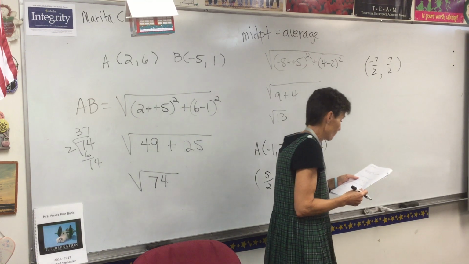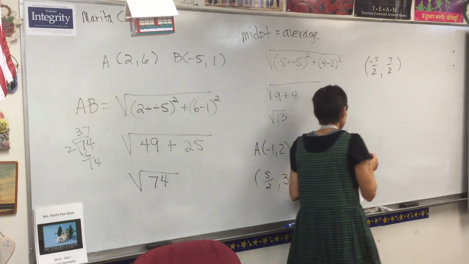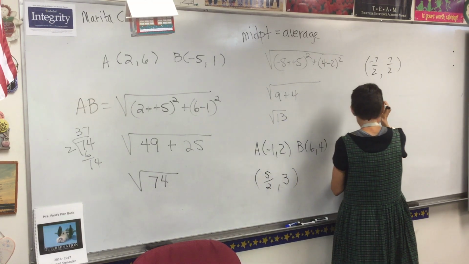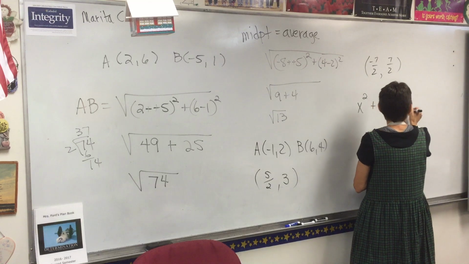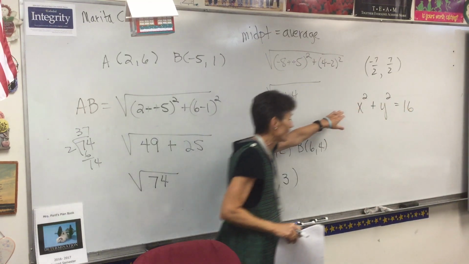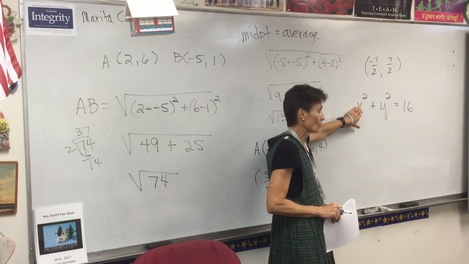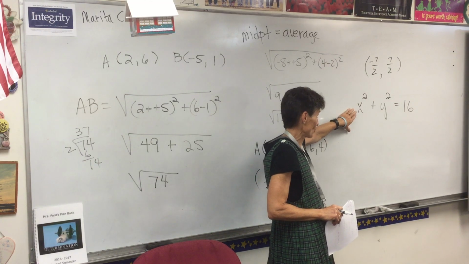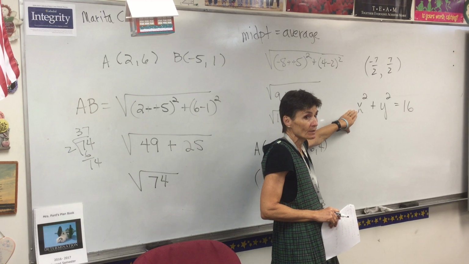All right, number 4. It says find the center and the radius. What do you think this is then? This is not a line segment. If they're saying find the center and the radius, what is this? It's a circle. This is the equation of a circle. You've seen them before.